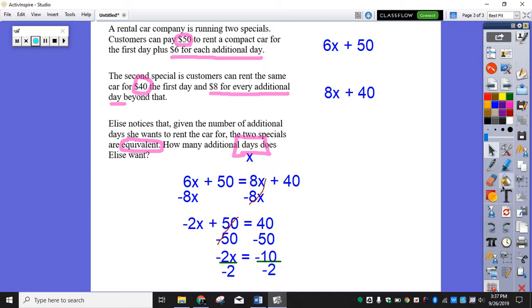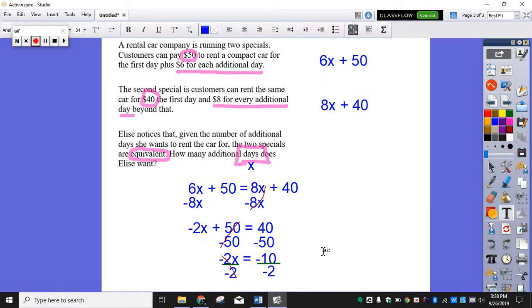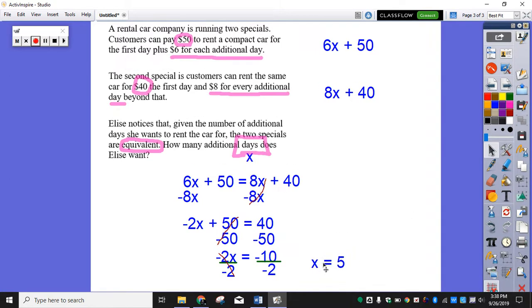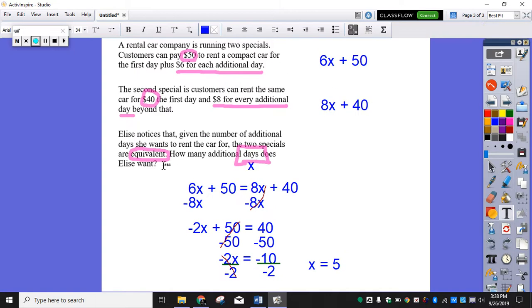And when I divide, negative 2 divided by negative 2, that's 1. And 1 times x is just x. So I simplify down to x on the left side. And then negative 10 divided by negative 2 is positive 5. So it looks like my solution is 5. X equals 5. And we established that x represents the number of days. So it looks like the answer to this question is 5 days.